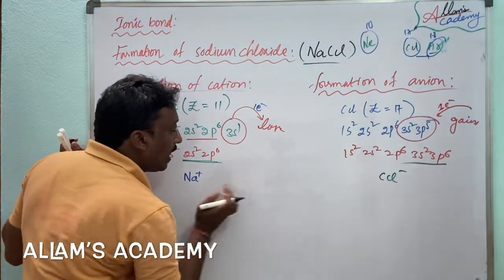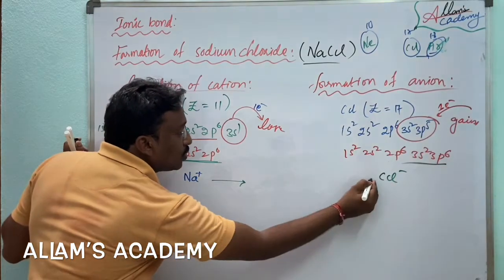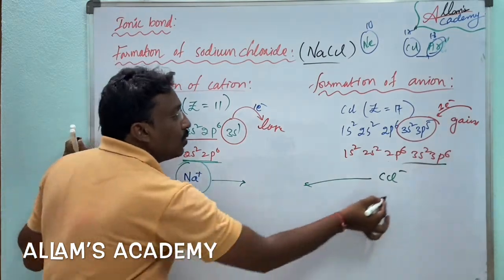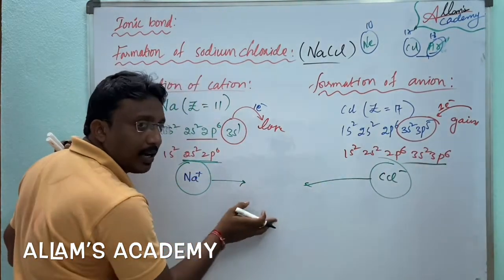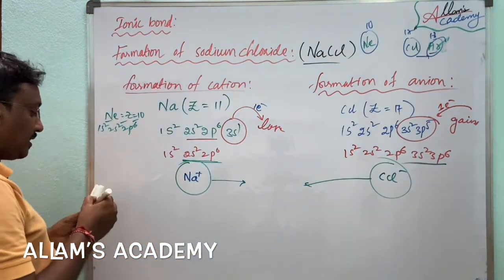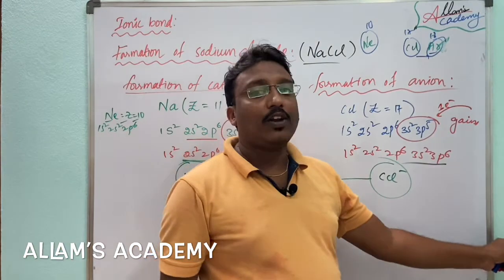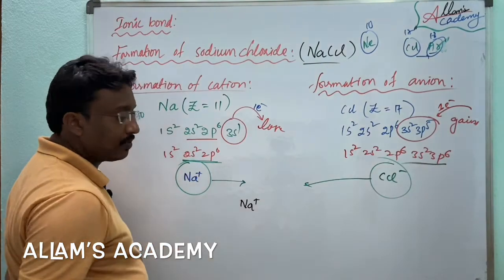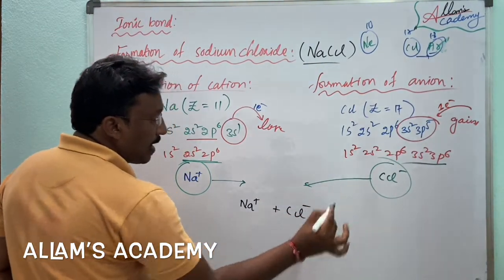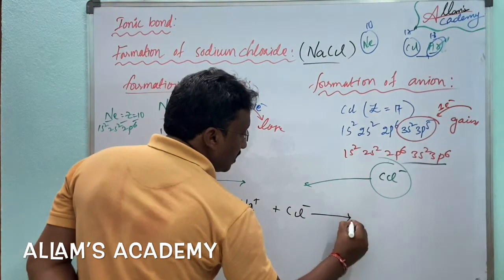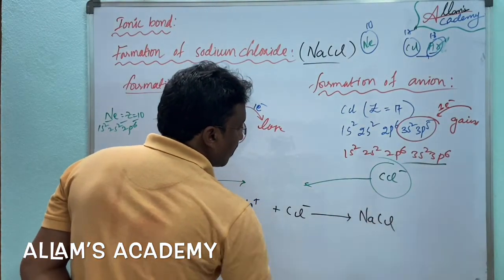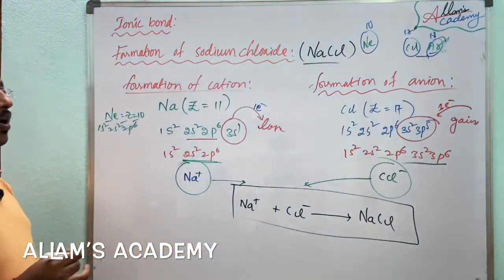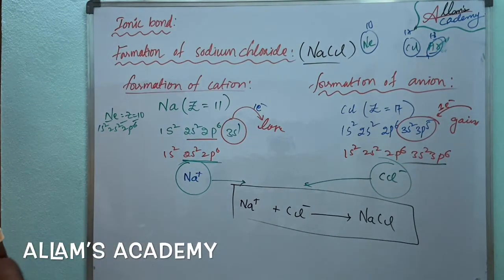These two are unlike charges, so between these two ions, the charged particles, a force of attraction takes place, and finally it forms sodium chloride, Na plus Cl minus, and finally NaCl. This bond formation is called an ionic bond.